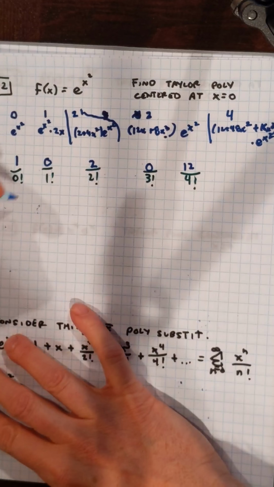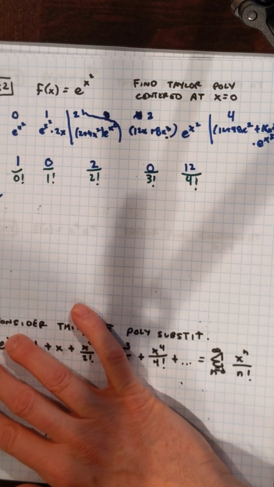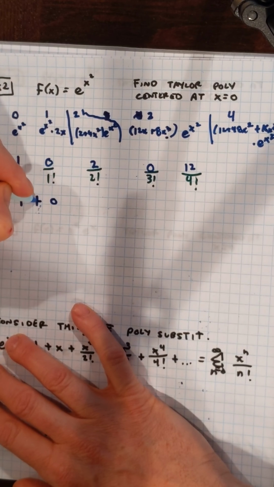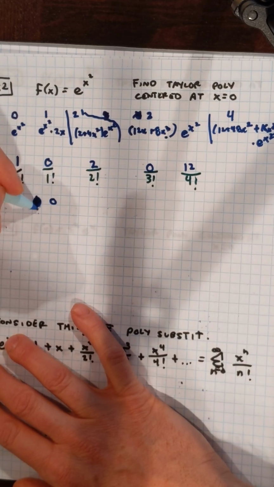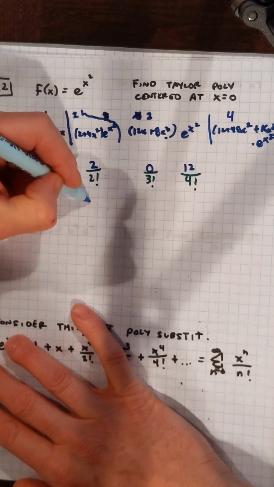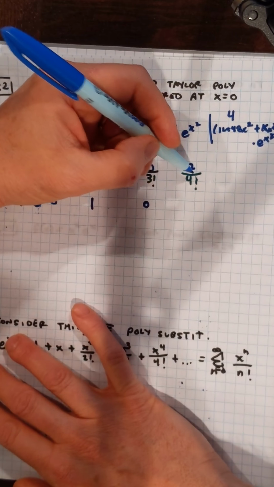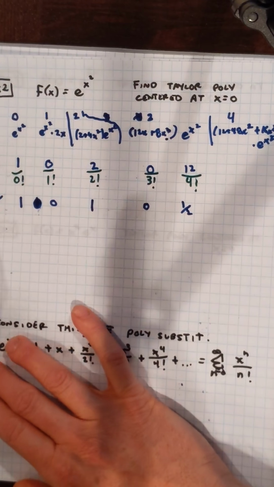So my coefficients, 0 factorial is defined to be 1. You can confirm that in your calculator if you like. Just create my coefficients: 1, 0, 1, 0, and 12 divided by 4 factorial simplifies to 1/2.